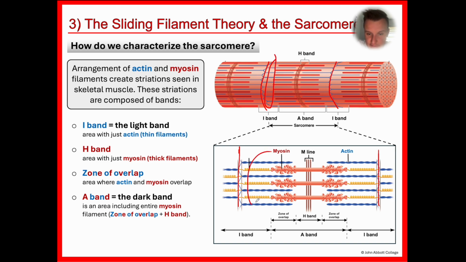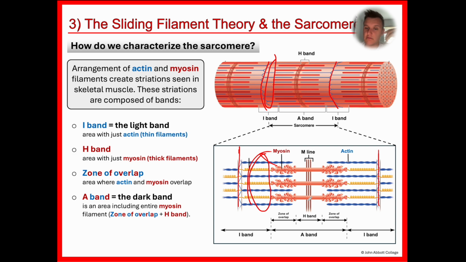Do you see over here? Forget about the yellow stuff. That's just an elastic fiber. Here in this area, you see just the blue actin fibers. Do you see how the actin fibers are anchored over here to this Z line, to this end over here? And these actin fibers are anchored over here to the end. The myosin fibers, the thick fibers, are in the middle and they're anchored to the M line here.